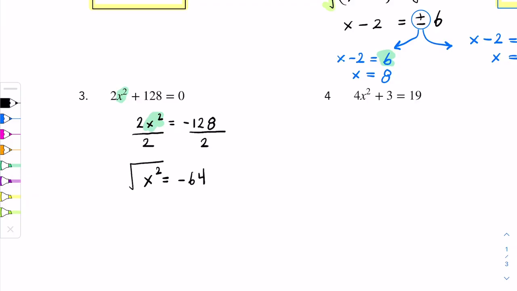Square root both sides. We have x equals positive or negative square root of negative 64. Now, this is what we learned in the last lesson. We have a negative sign underneath the square root sign, so we are going to use imaginary numbers.